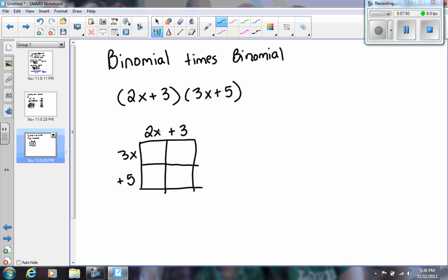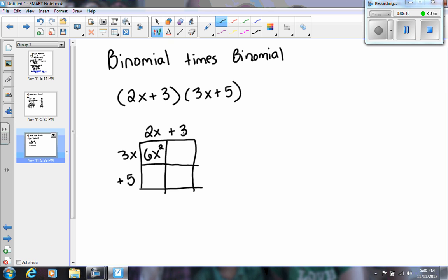So when I multiply 2x times 3x, I get 6x squared. Because remember, 2x is a monomial when you look at just that part of it, times 3x. So 2 times 3 is 6, and the exponent rule tells us bases are the same, so you add the exponents and we get x squared.